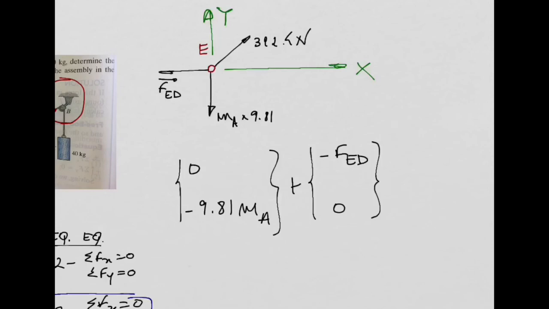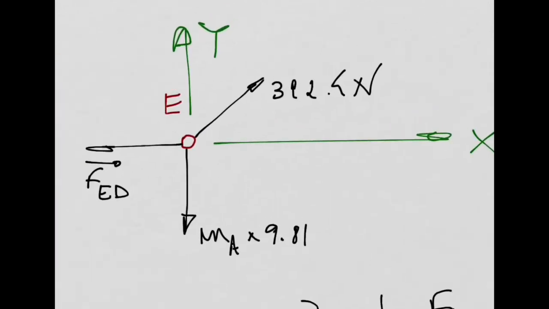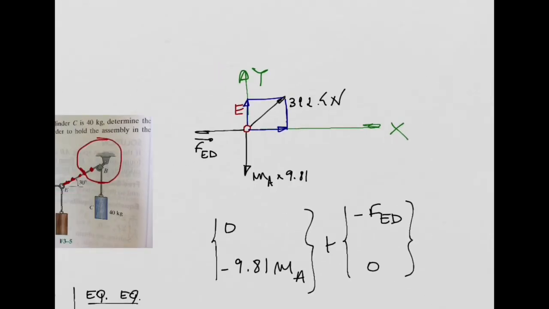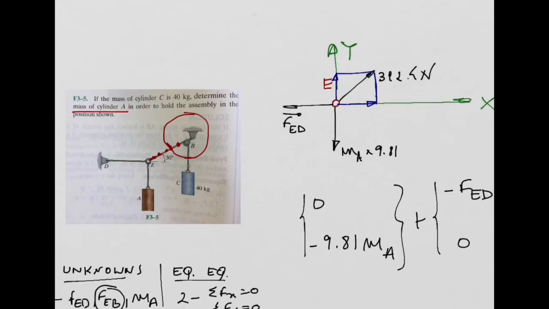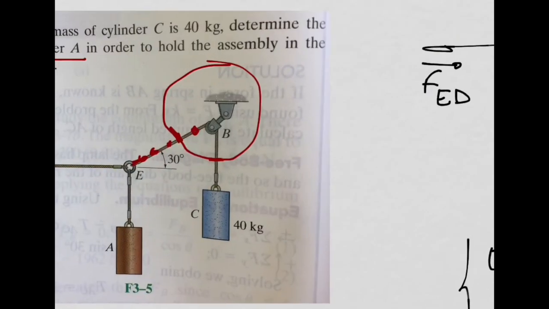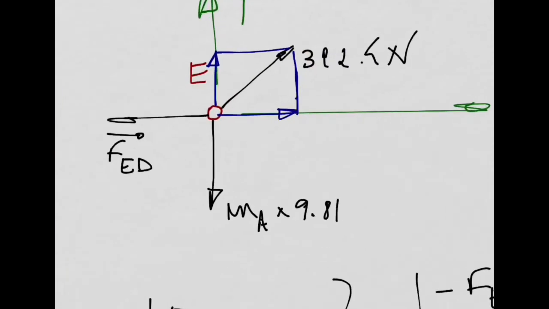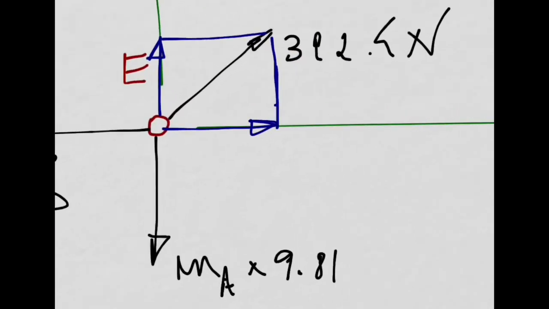And now we need to decompose this force in cable EB into horizontal and vertical components. These ones I'm doing in blue. This angle is 30 degrees. You can see here, right? Agree? So I'm going to include it here.